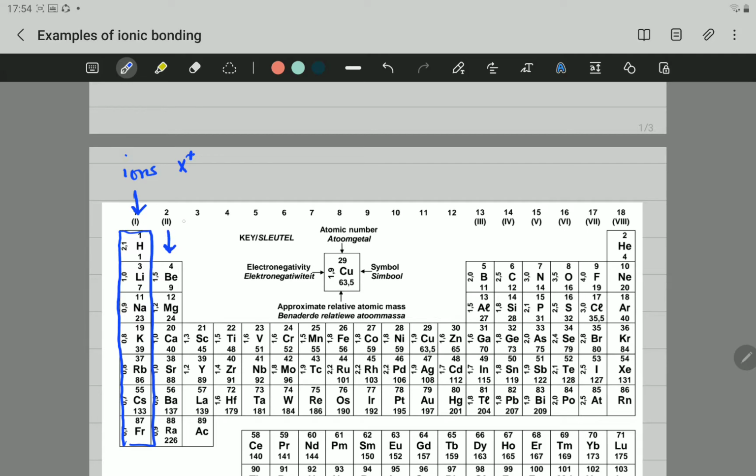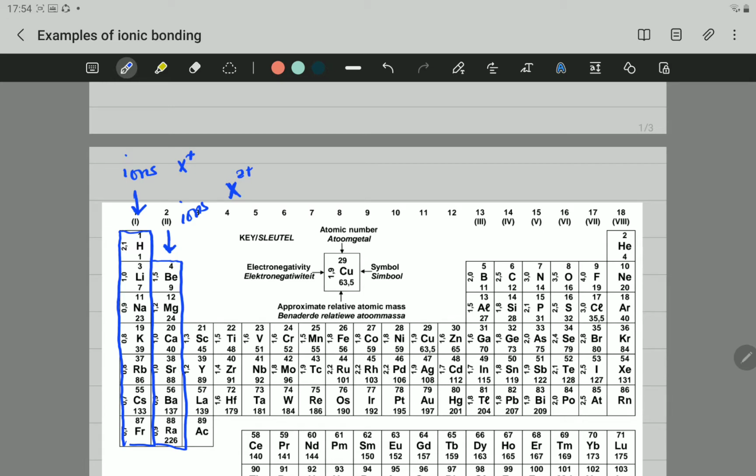All the atoms in group 2 will form ions of the form X2+, so all of them will lose 2 electrons.